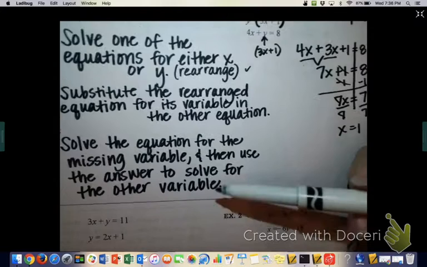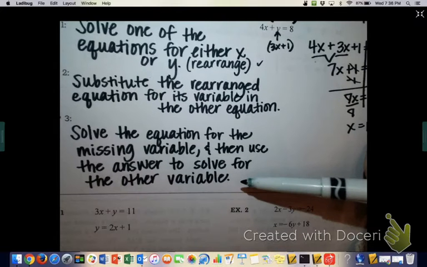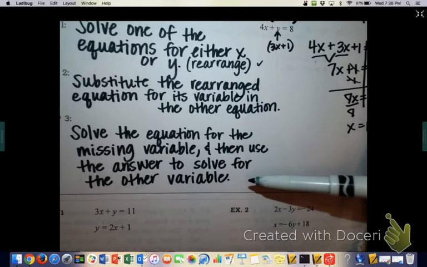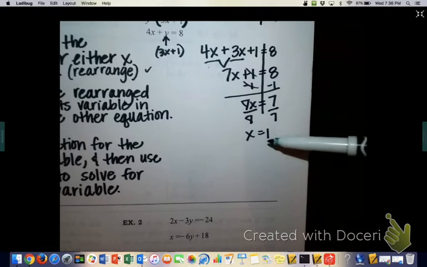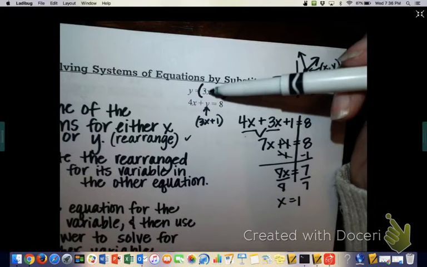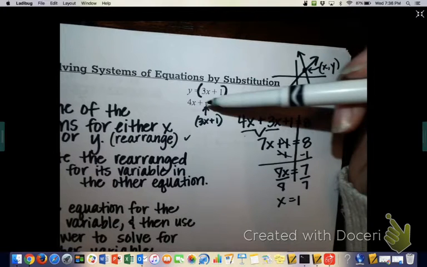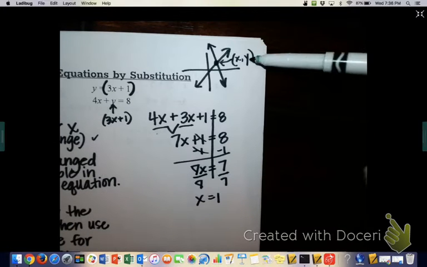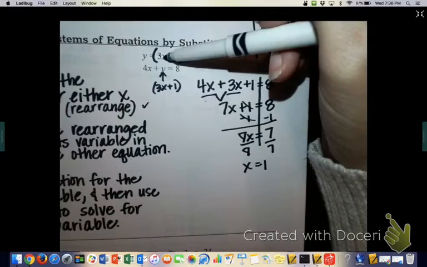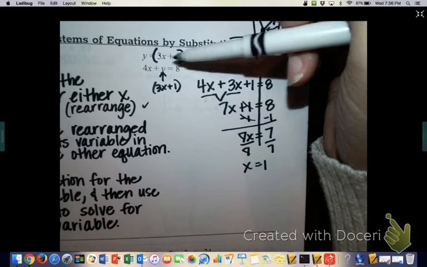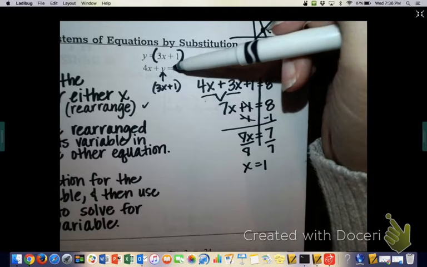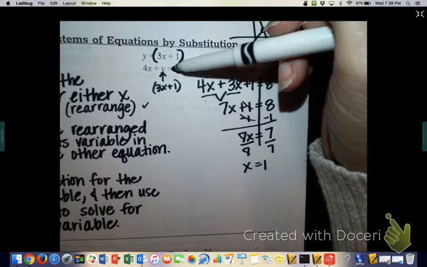So our third and final step in substitution is taking this x coordinate and plugging it back in to either this equation or this one, and it doesn't matter because you're going to get the same answer either way, and solve to tell me what our y coordinate is. So if x equals 1, you can either do 3 times 1 plus 1, or you can do 4 times 1 plus we don't know equals 8 and have to solve it, and that seems like a lot more work.